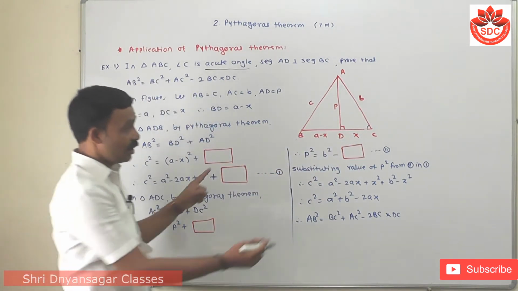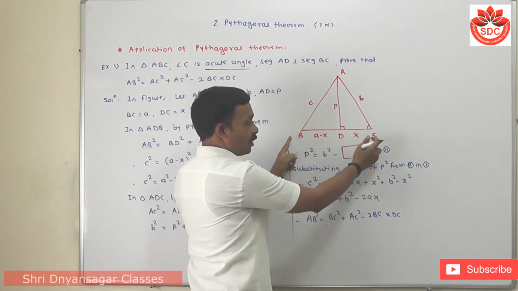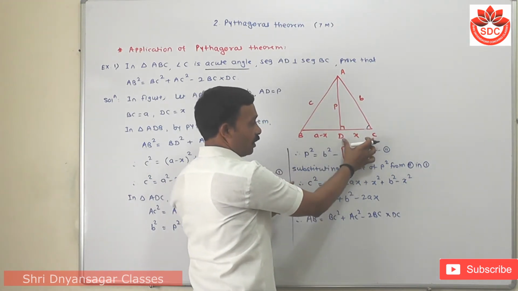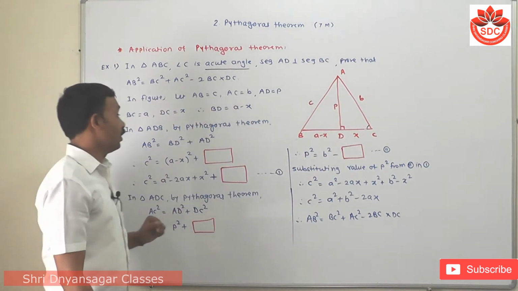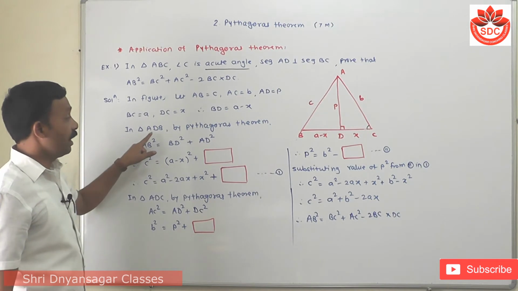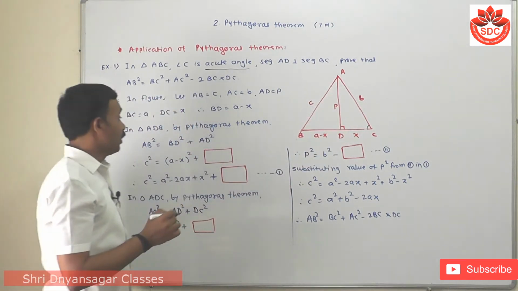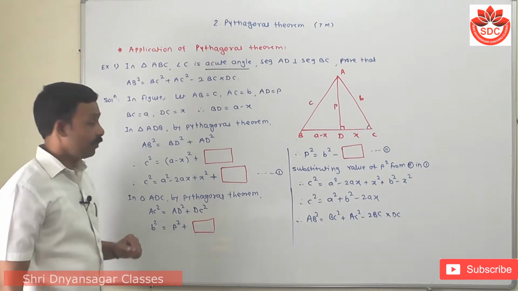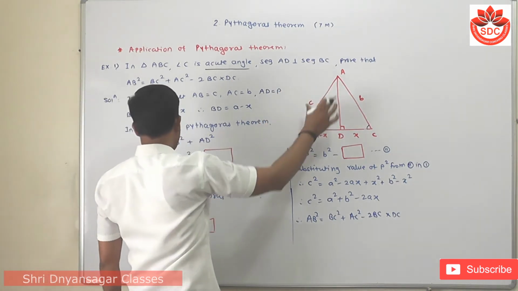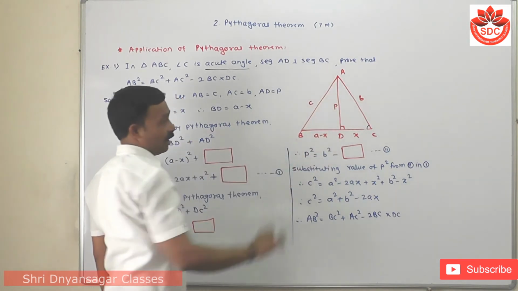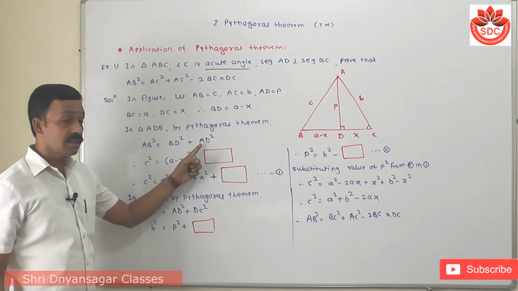Then BC is total a. Then BD is equal to, from this BC we have to subtract DC, that is a minus x. This is the value of BD. Now in triangle ADB, by Pythagoras theorem, AB square is equal to BD square plus AD square.